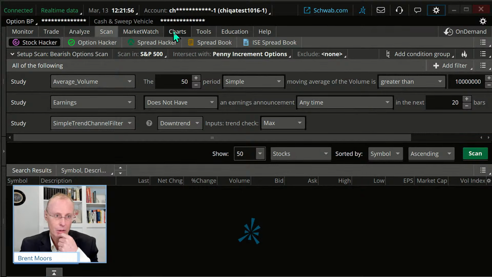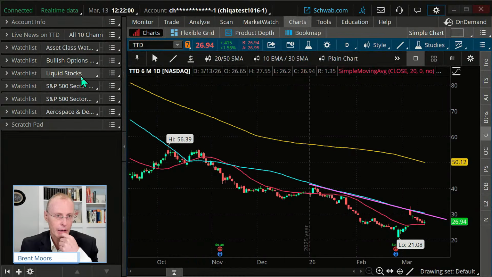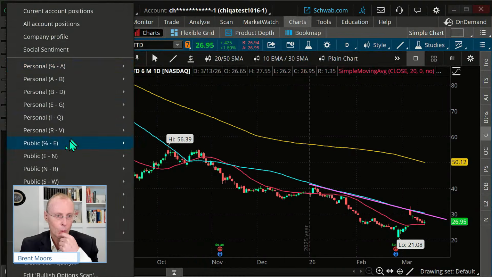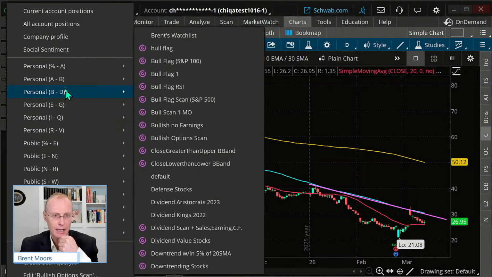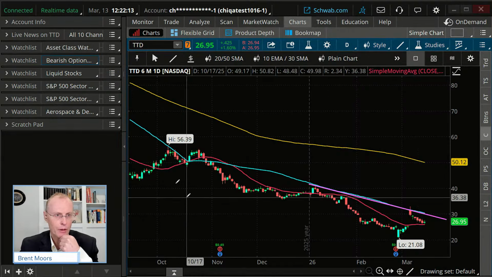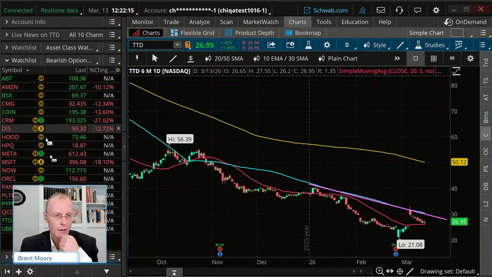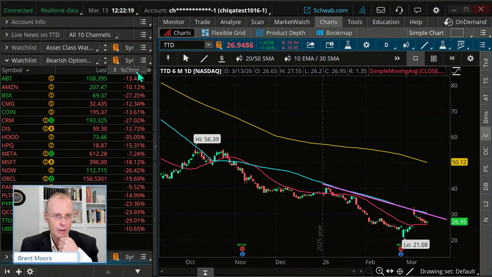And then what you have is a personal watch list that's saved for you. We just named it bearish option scan. When I pull this up, I have it right here. Then just make sure that it is linked.